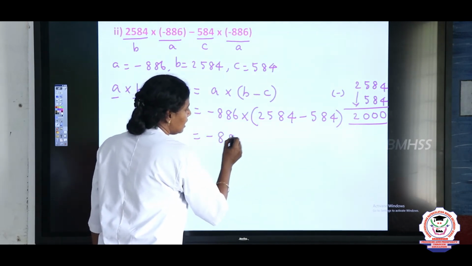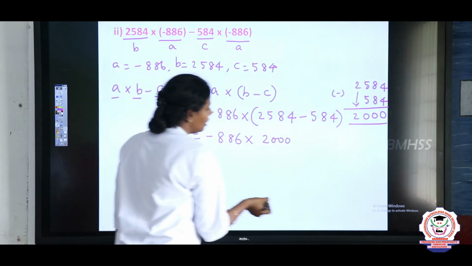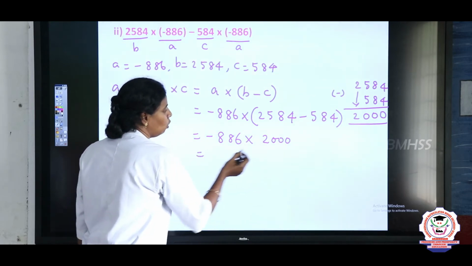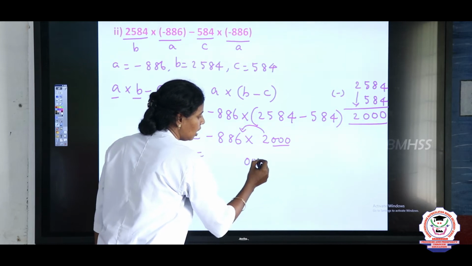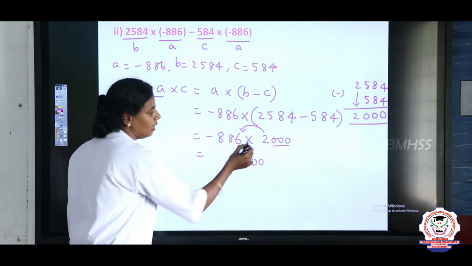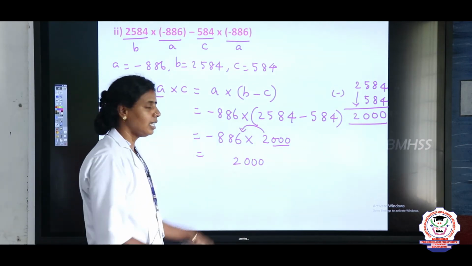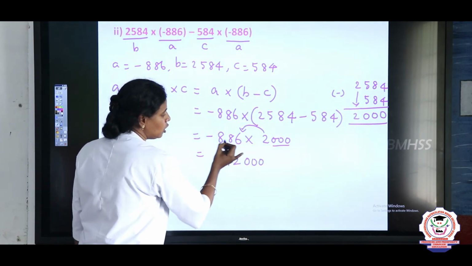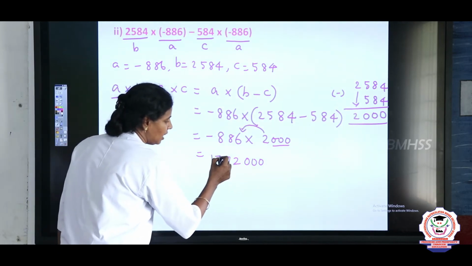Minus 886 into 2000. Now multiply this minus 886 with 2. So 2 into 6, we can include these 3 zeros, and 2 6s are 12. 2 remaining is 1, and 2 8s are 16. 16 plus 1 is 17. 7, again remaining 1. 2 8s are 16. 16 plus remaining 1 is 17.